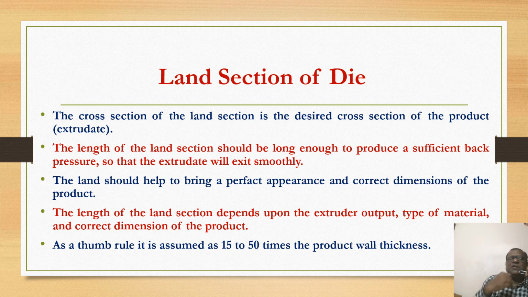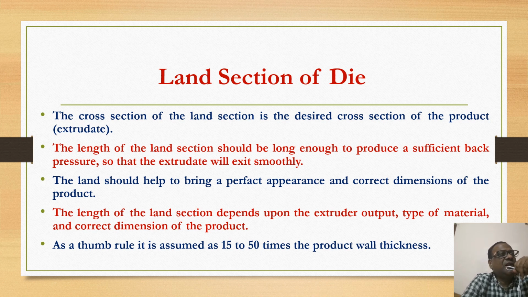Now you have to decide, because in the approach section the diameter was reducing continuously. That's why you have to decide what the taper angle should be in the design. But in the land section, that is not the matter. That means the angle is not an issue, because here the diameter is always constant, the area is constant.